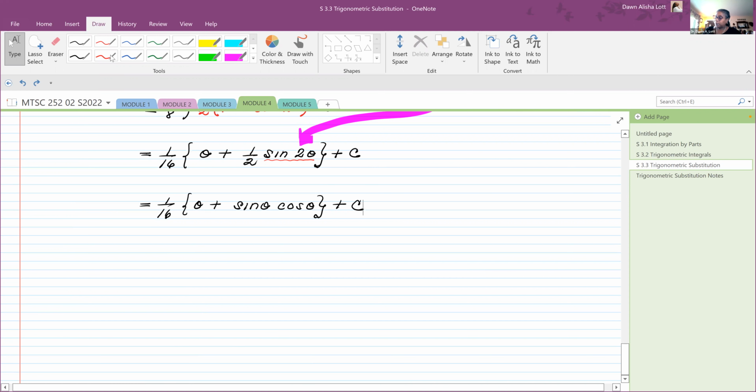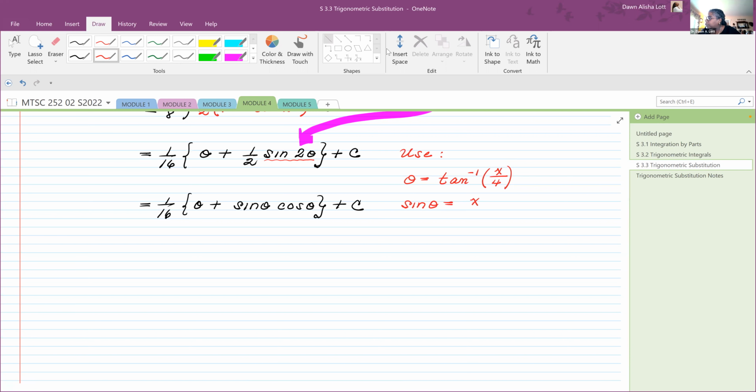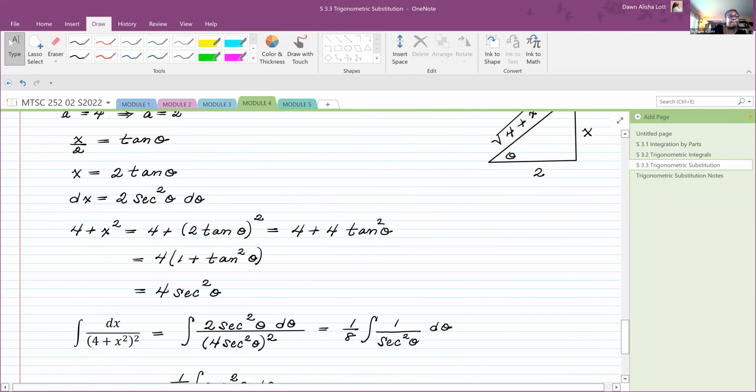Okay, so we're going to use the following. First, that theta is the tan inverse of x over a, and a for this problem was 4. We also know that the sine of theta was x over the square root of, now let me remember, 16 minus x squared?